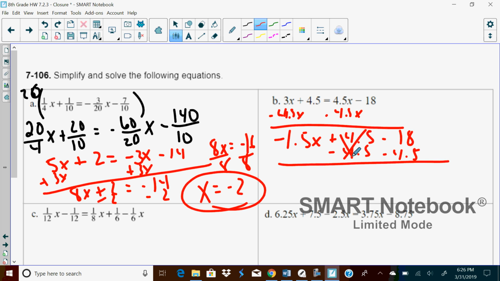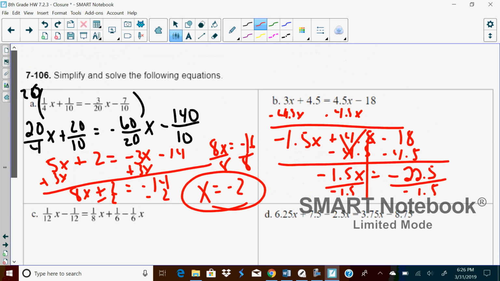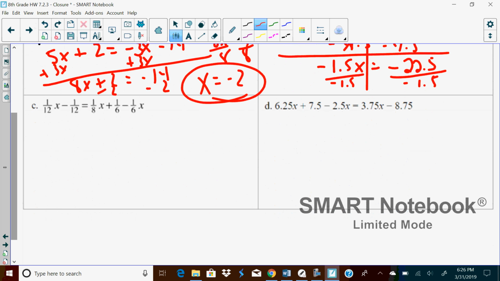So I ended up with a negative 1.5x equals a negative 22.5, divided by negative 1.5. So I ended up with x equaled 15.